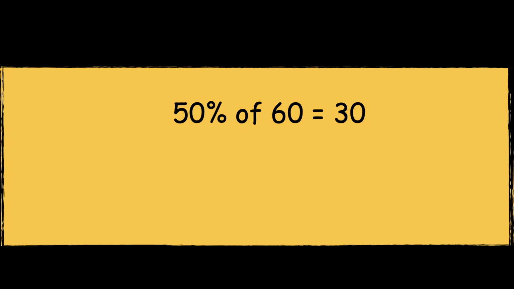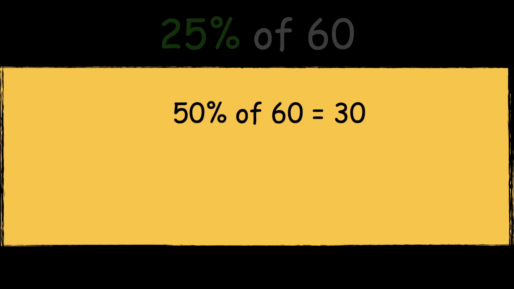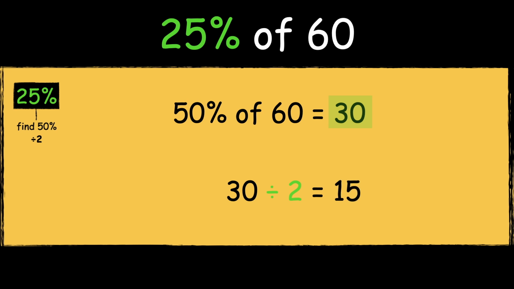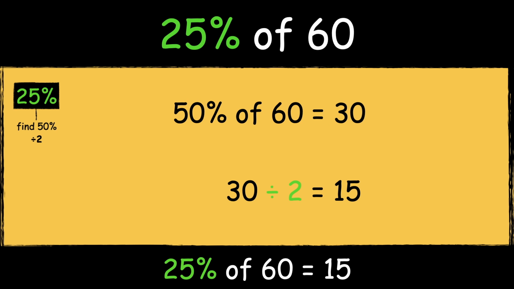So now that we know what 50% of 60 is, we can find 25%. To find 25% of a number, we half it again. So 30 divided by 2 is 15. So 25% of 60 is 15.